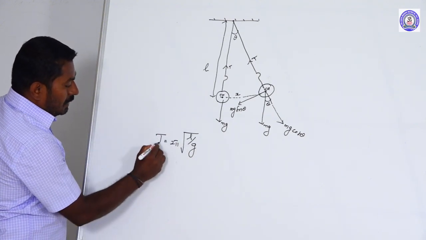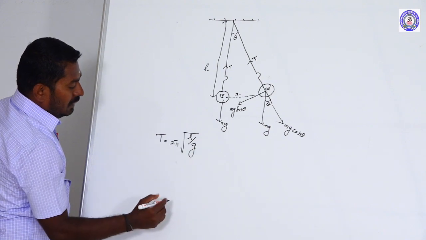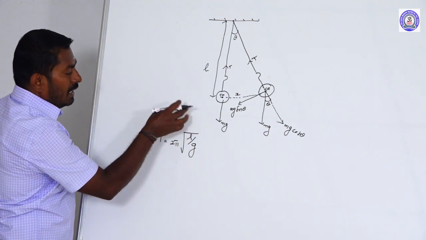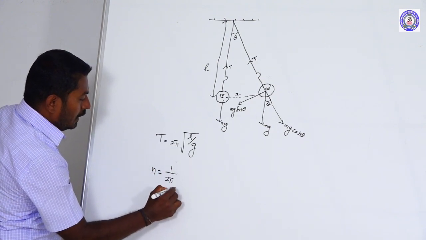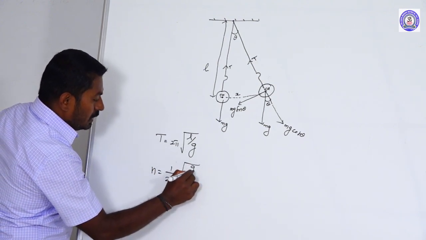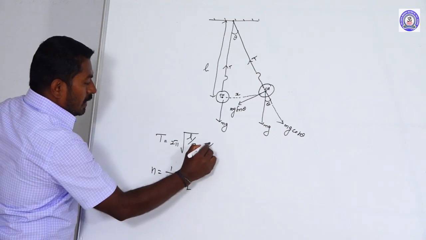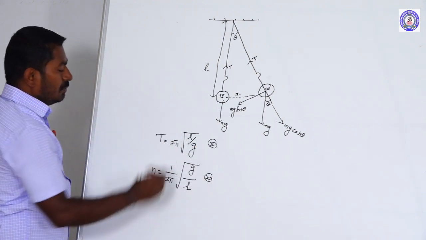So time period T is equal to 2 pi square root of L divided by g, and the frequency of the metallic bar about its equilibrium position, n, is equal to 1 divided by 2 pi square root of g divided by L. So there are two important expressions in a simple pendulum.